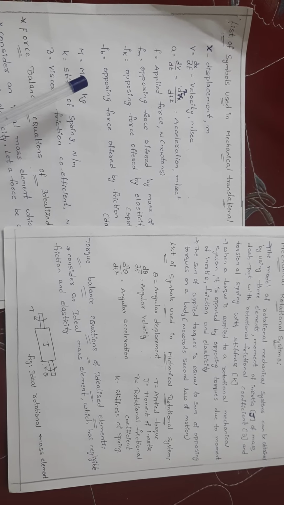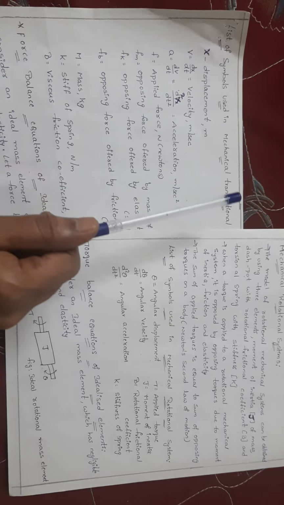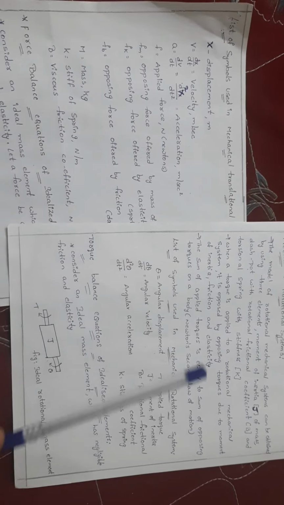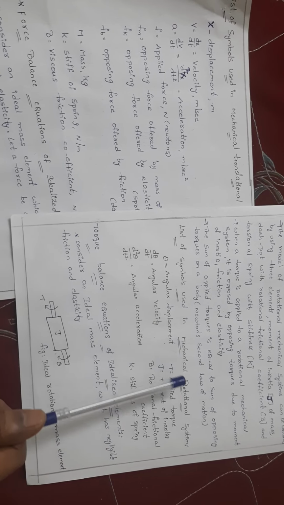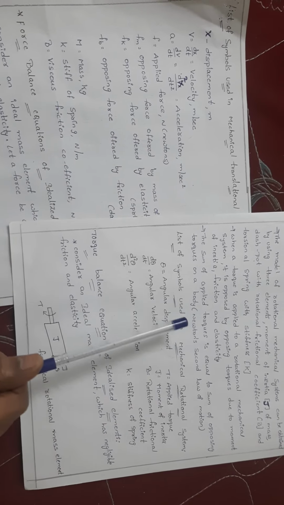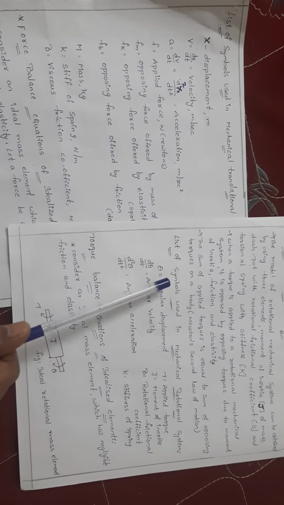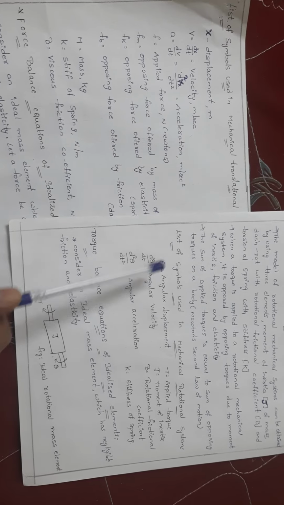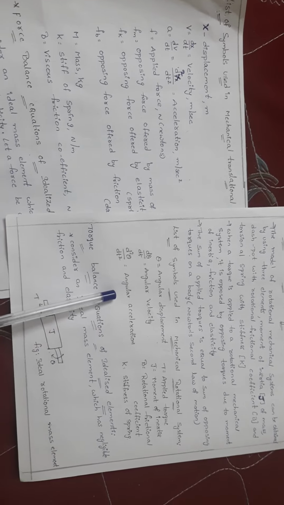Remember carefully, in translational system here displacement is used, and while coming to mechanical rotational system we are going to use angular displacement represented by theta. Here velocity, here it is angular velocity. Here it is acceleration, here it is angular acceleration.